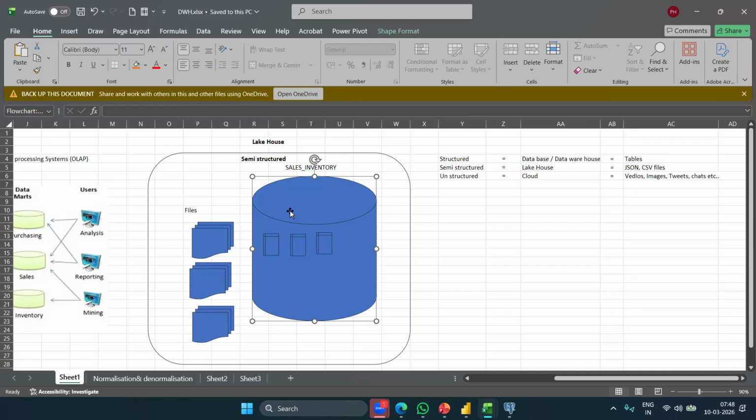Just a database is not going to be good enough, because data is being sent through files, unstructured, semi-structured, right? Now, we have files like CSV or JSON where they can store different levels of attributes. If you take a table having four columns, I can store information related to those four columns only.